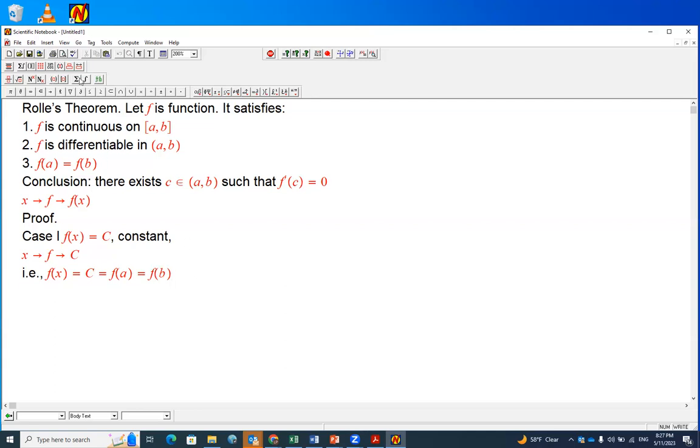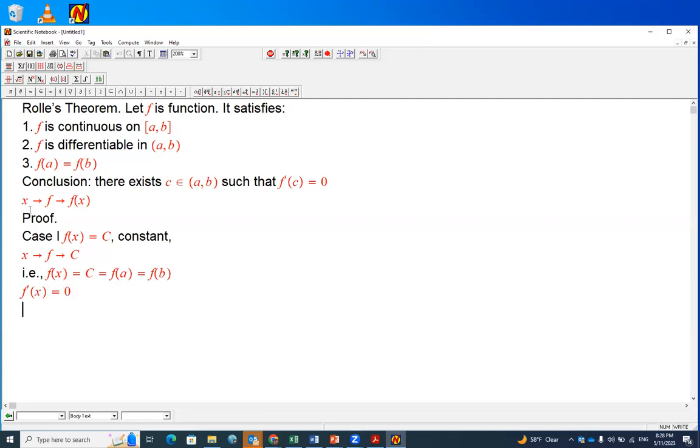As a constant, the derivative of the function is zero everywhere.